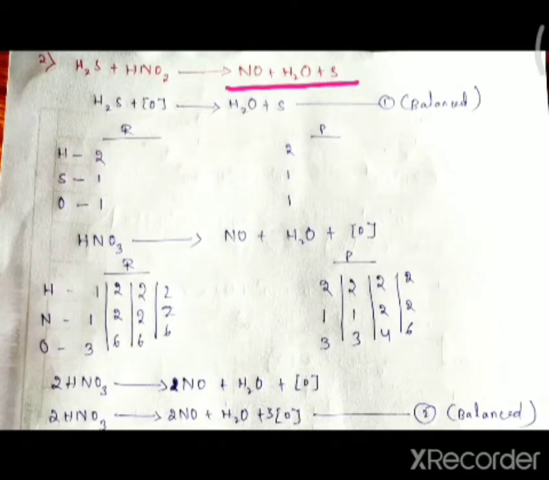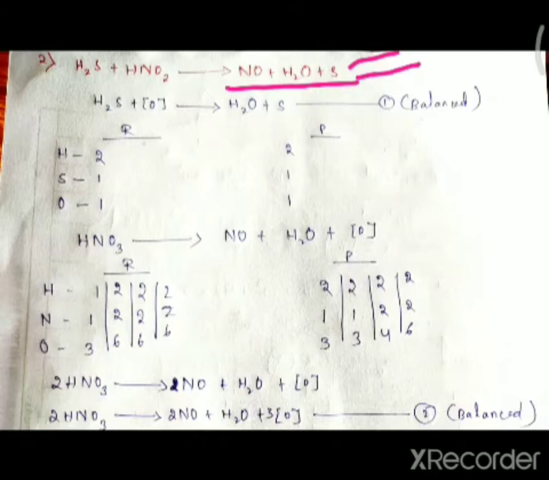Okay, that is H2S plus HNO2 gives rise to NO plus H2O plus S. So we will split this equation into two parts, then we will balance both equations, then we will add and get the final balanced equation. So, let's do.